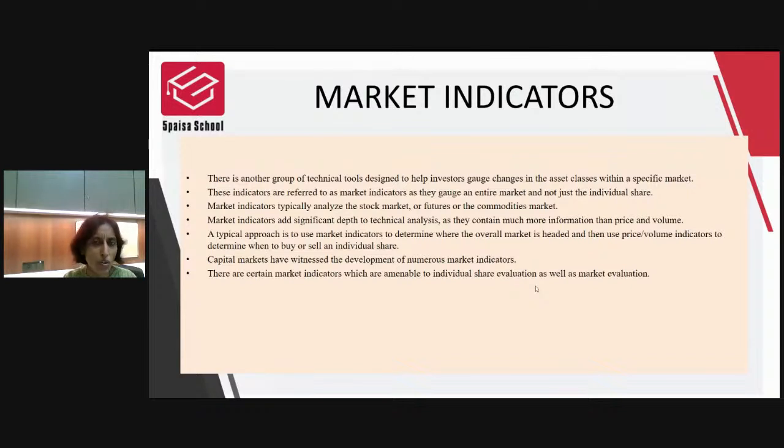Over a period of time, the capital market has witnessed several market indicators, and some of them are so specific and so important that if you get a good understanding of them, you will be able to devise your own strategies as to when to sell and which direction the market is likely to move from there on.